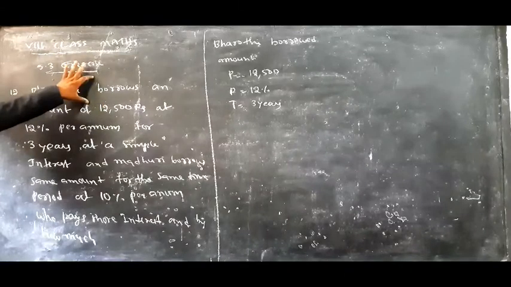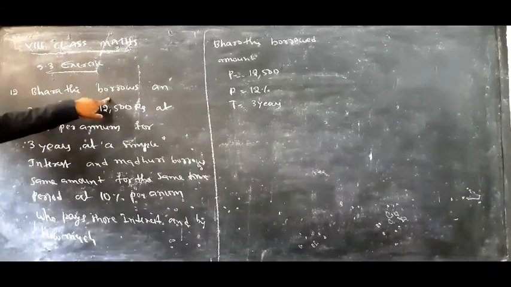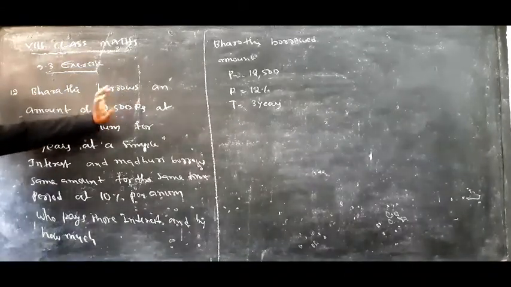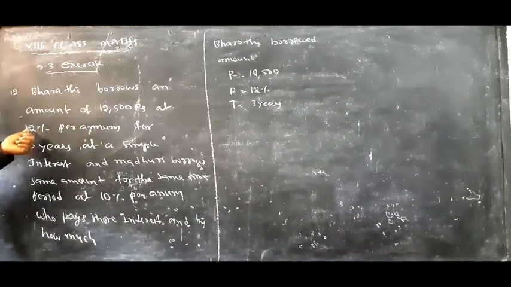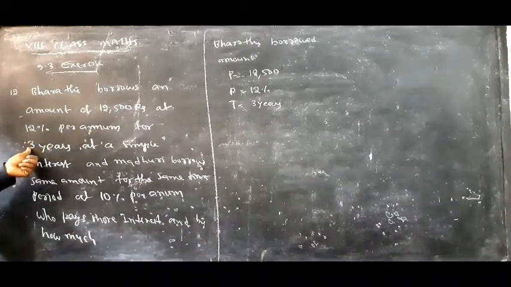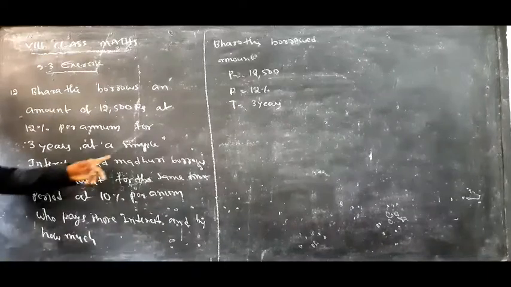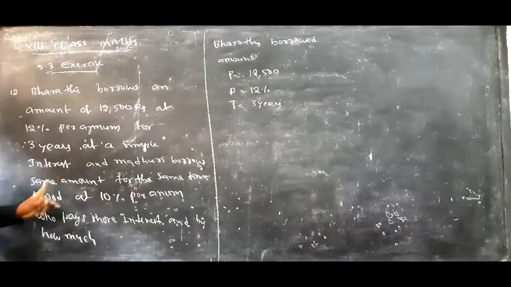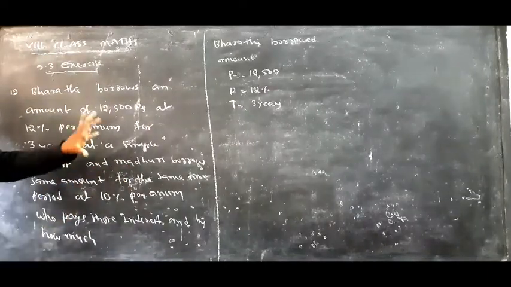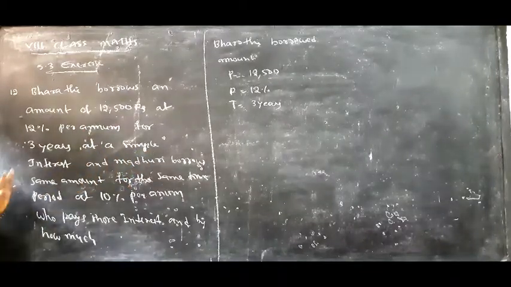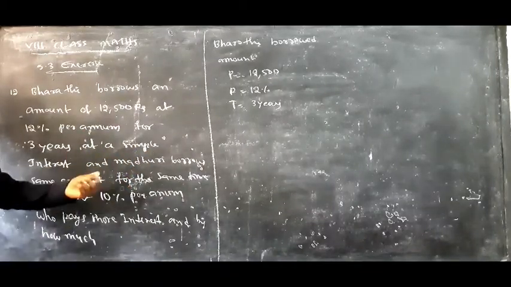From that exercise, Bharati borrows an amount of 12,500 at 12% interest for 3 years. Similarly, Madhuri borrows the same amount for the same time period at the rate of 10%.